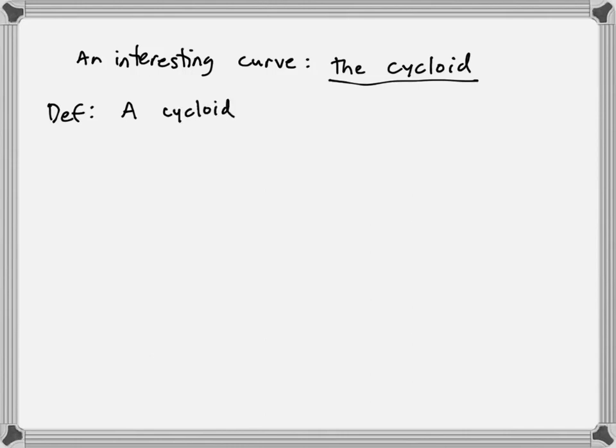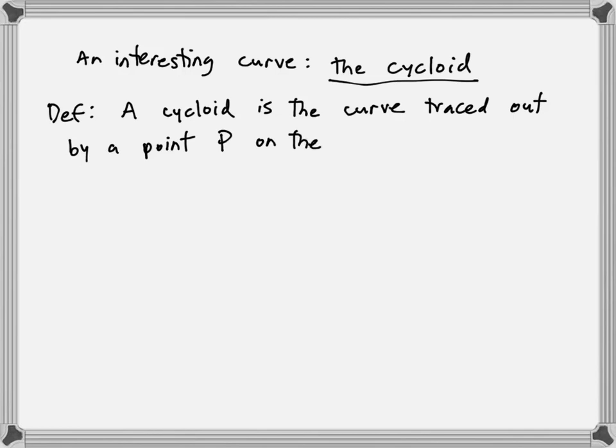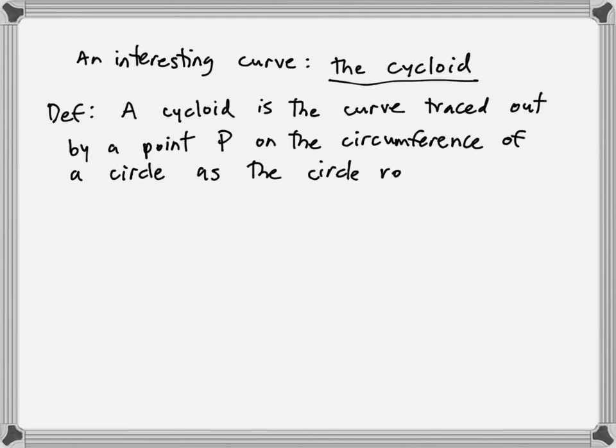So a cycloid is the curve traced out by a point P on the circumference of a circle as the circle rolls along a straight line.